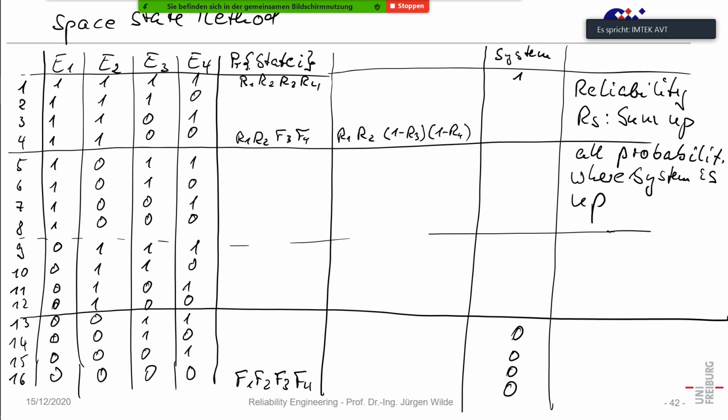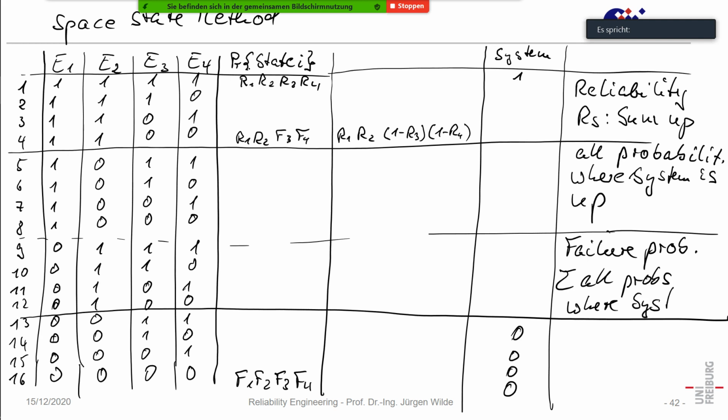And failure function or failure probability, all where system is down.